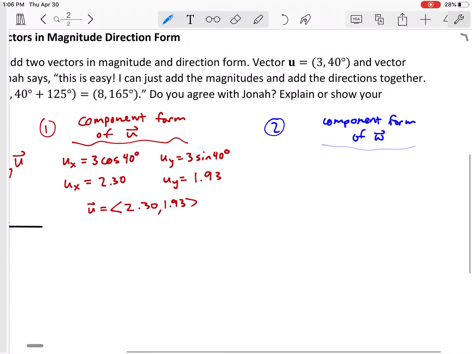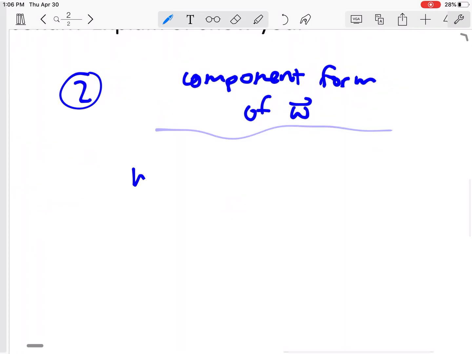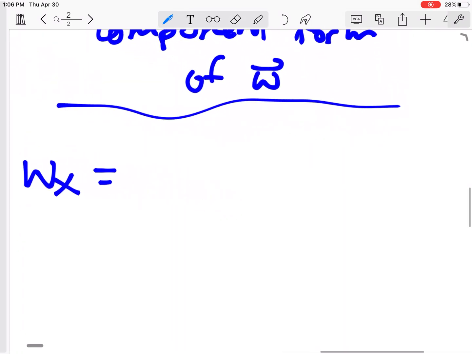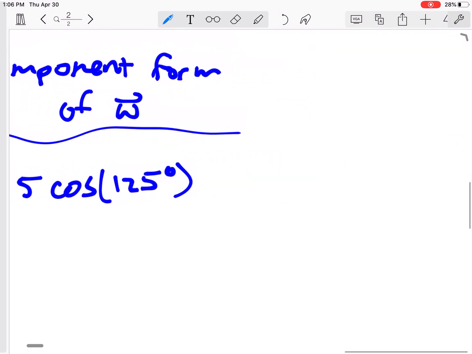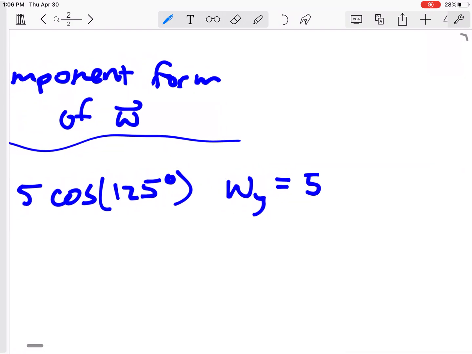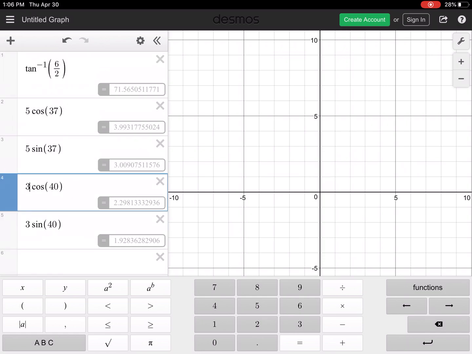All right, so if I do it, W sub x, the horizontal component, is equal to magnitude 5 cosine of its angle 125 degrees. And W sub y is equal to 5 sine of 125 degrees. Quick calculations again, Desmos.